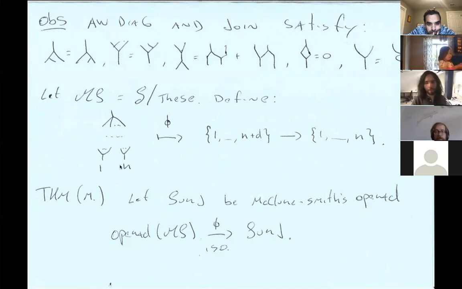So the claim now is that you might have encountered this operad before, but there's a nice model that is very small. It's not finitely presented, but it still is one of the smallest models for E infinity that we know of, and that is due to McClure-Smith.